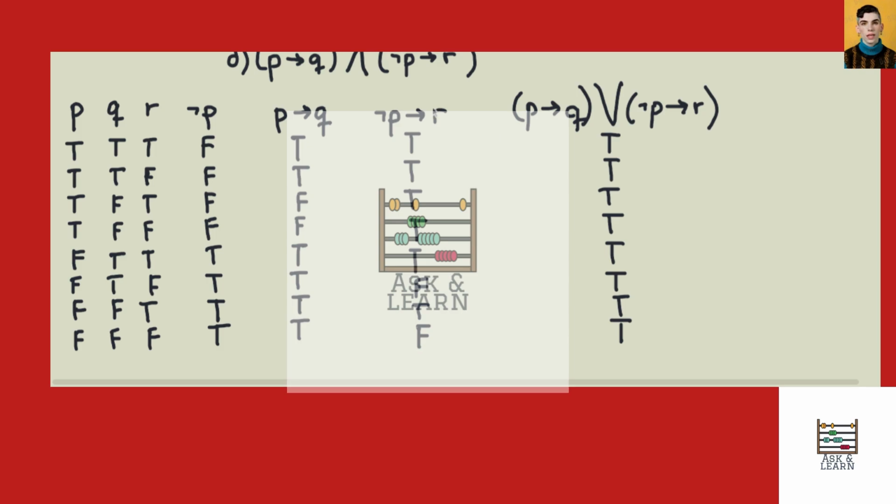Therefore, we could leave all our columns except the last one. We'll delete this. And now we'll just write the correct compound proposition. So this compound proposition reads as P conditional statement Q and negation P conditional statement R.